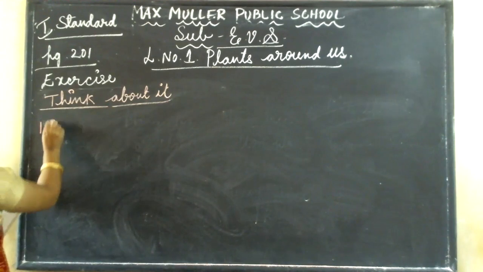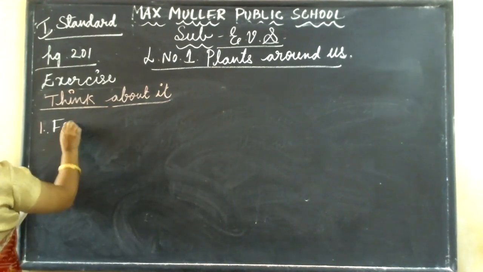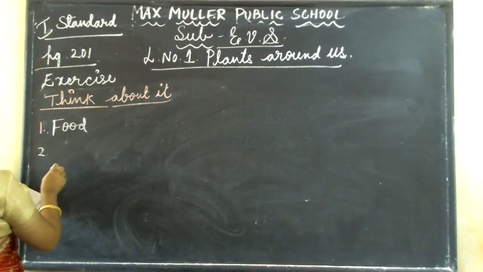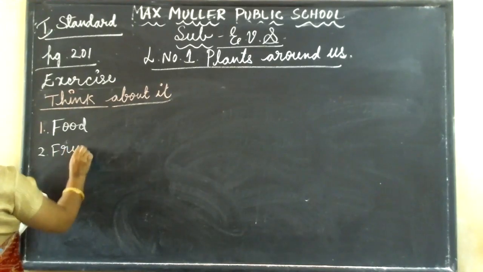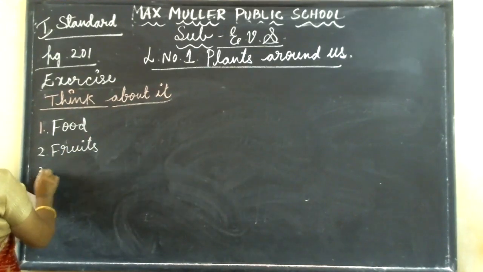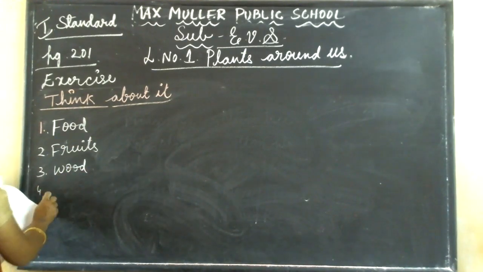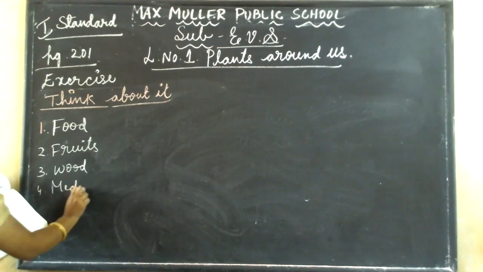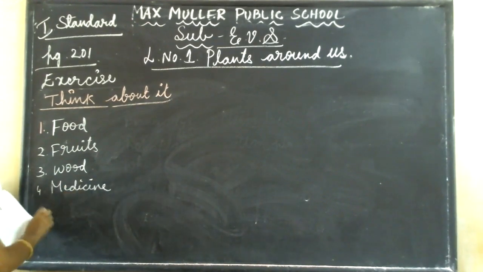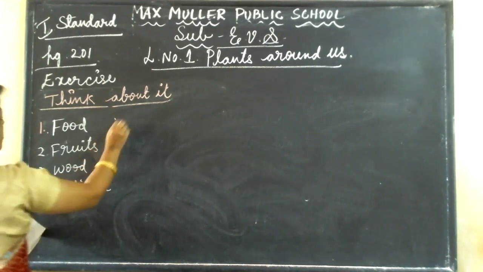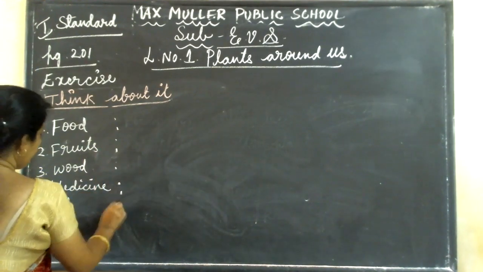First one we get from plants: main food, isn't it? Second one, what do we get? Fruits. Then third one, wood we get. And fourth one, medicine. Medicine also we get from plants only. And oil. So all these things we get from plants.